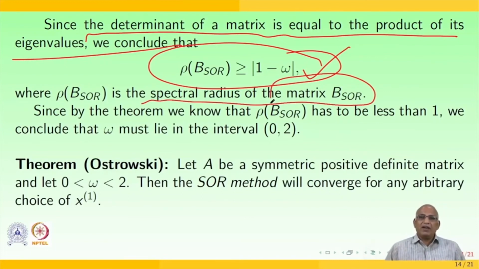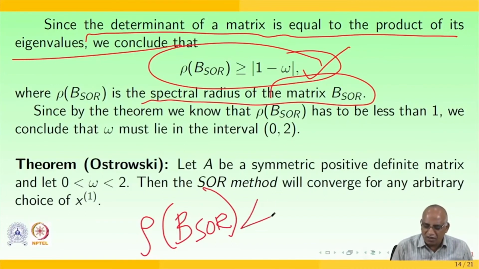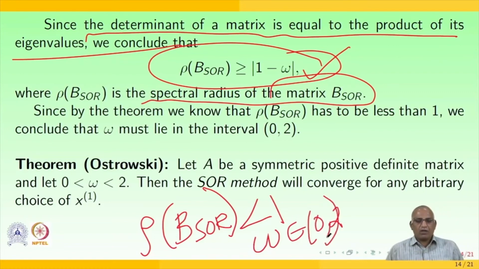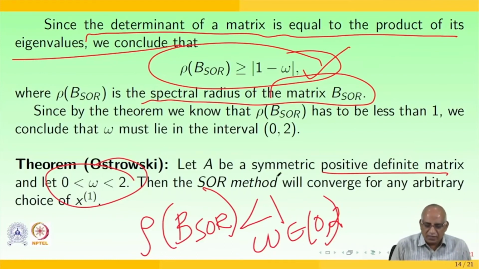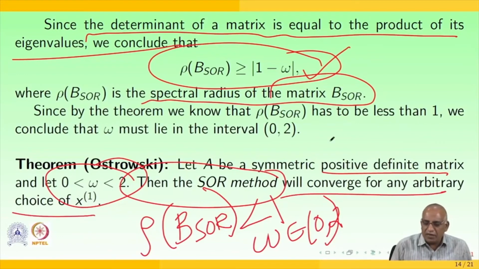Since by the theorem we know that rho of B_SOR has to be less than 1, we conclude that omega lies in (0, 2). Let A be a symmetric positive definite matrix and omega lie between 0 and 2, then the successive relaxation method will converge for any arbitrary choice of x1.